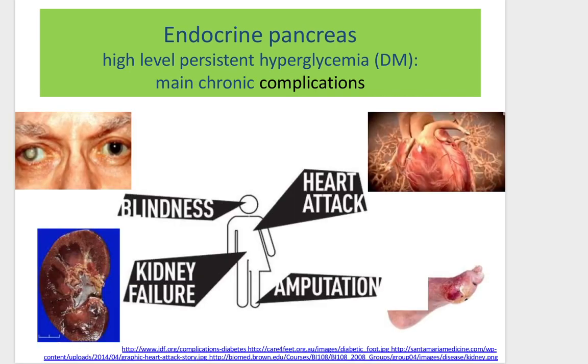And here you see the most dangerous and unfortunately most often results of chronic complications of diabetes mellitus. Yes, it is blindness from diabetic disorders of the eye. It can be kidney failure, it can be heart attack and amputation due to diabetic foot.